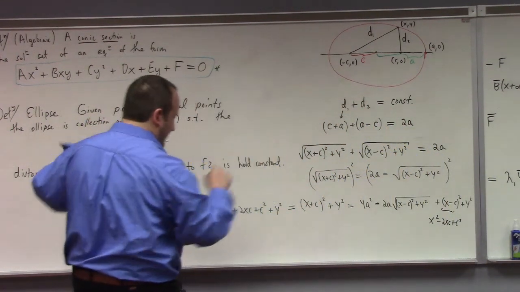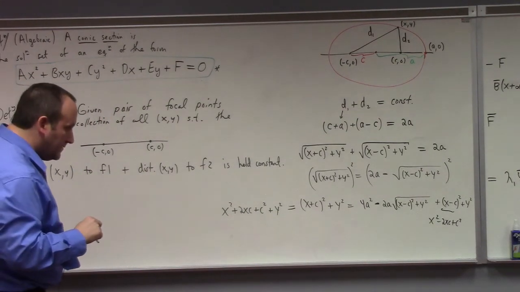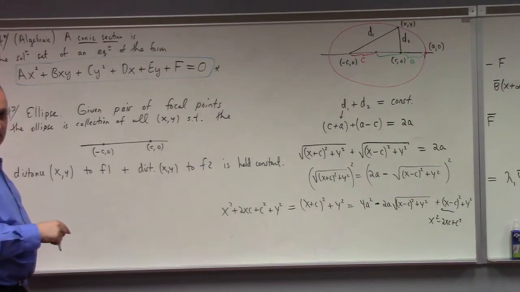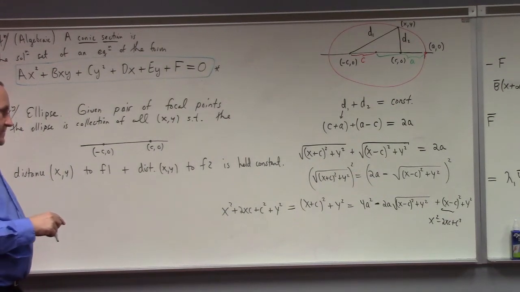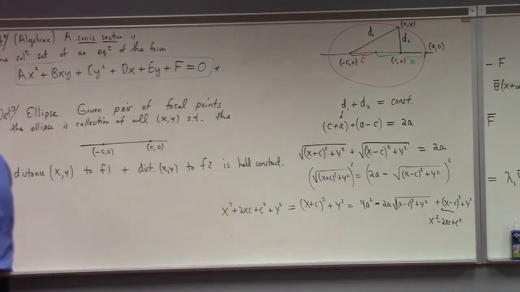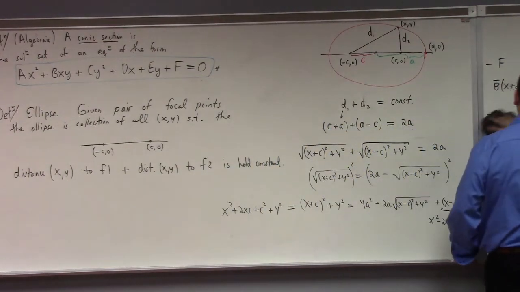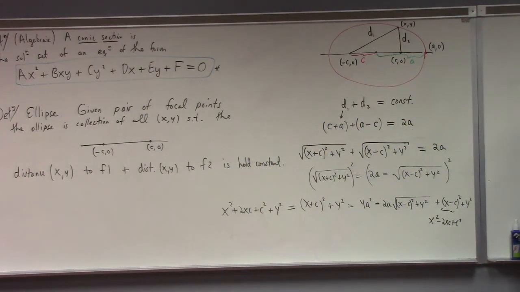The x squareds are canceling, and the y squareds cancel. x squared and y squared are gone. And what do we have? You're like, we have 0, class time. Nice try. Let's see here.